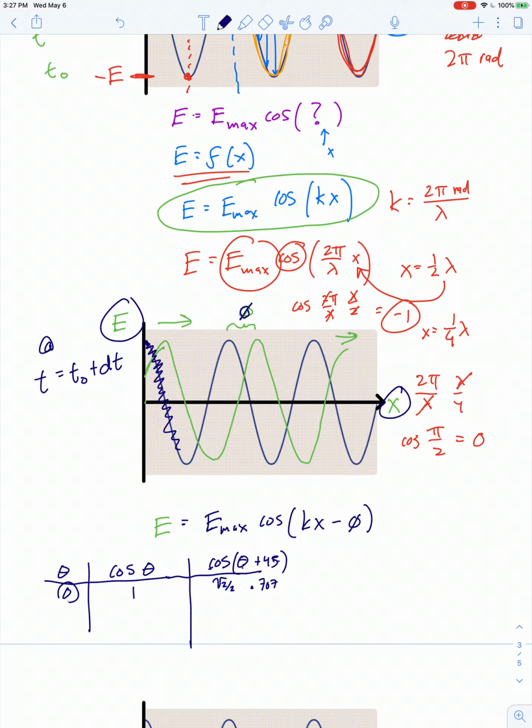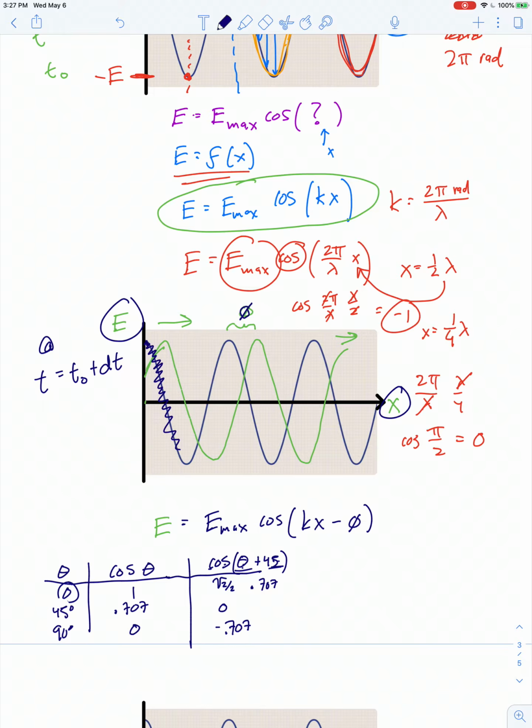What if theta is 45 degrees? Then cosine of theta is 0.707, but the cosine of theta plus 45 degrees would be the cosine of 90, which would give us 0. And then if we take 90 degrees, cosine of 90 gives us 0, and if we add 45 degrees to 90, now we get negative 0.707.